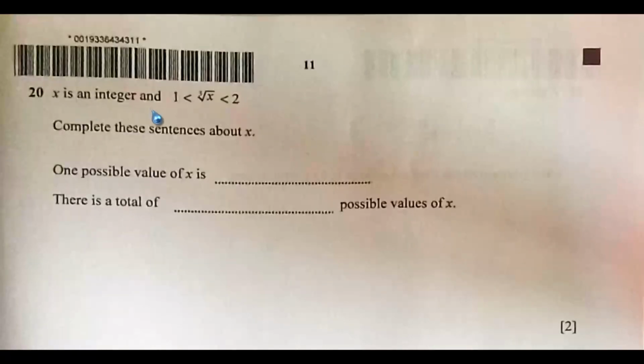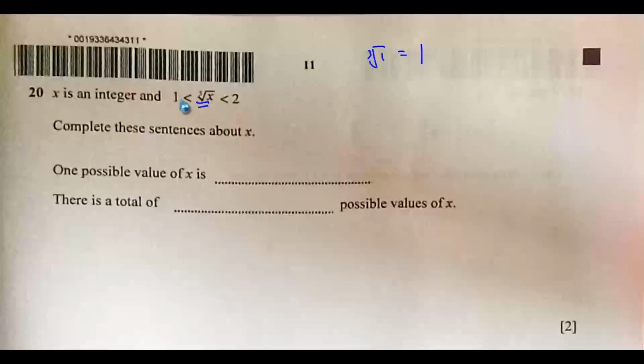x is an integer and 1 is less than cube root of x, and cube root of x is less than 2. Complete these sentences about x. Okay, so you need to test this expression with some values of x. When x equals 1, cube root of 1 is 1.